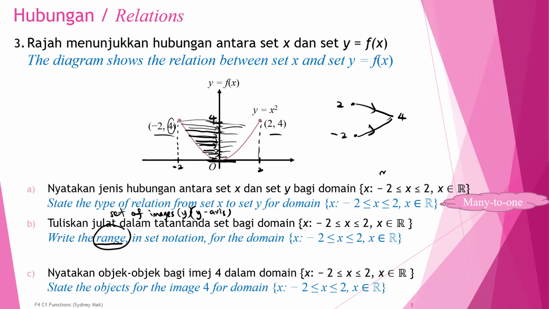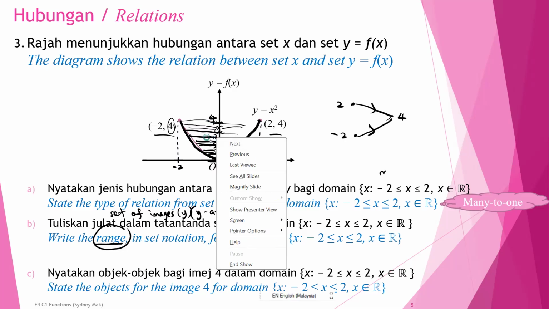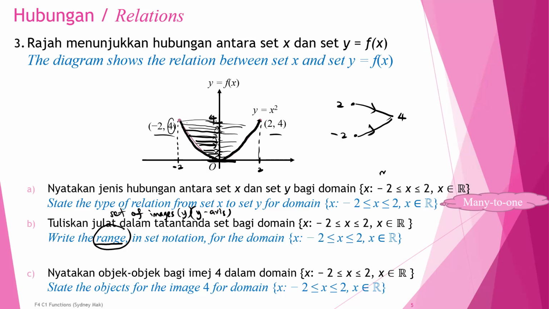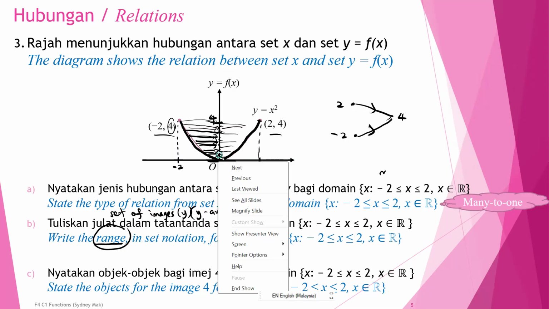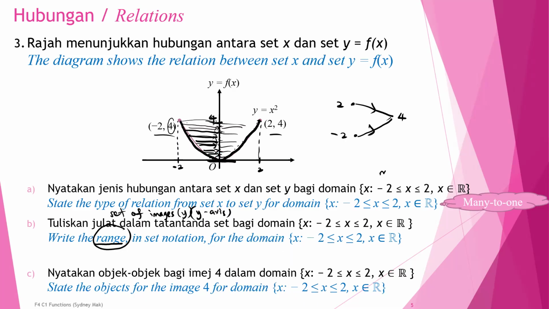So the graph is from here and then goes up again, right? That means your y value changes from 4 maybe to 3.99, 3.6, 3.2, then 3, 2, 1, 0, then increases again, right? The maximum that you can go is 4 again.